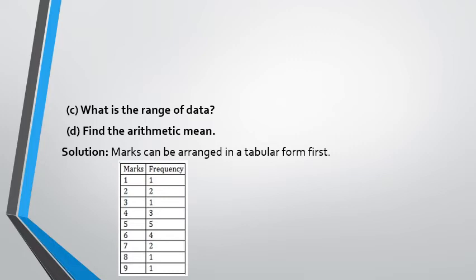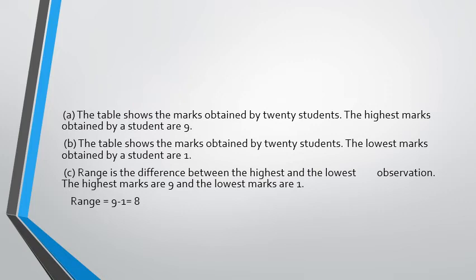All right, now let's answer the questions. The first question was, what is the highest? The table shows the marks obtained by the 20 students, and the highest marks obtained were 9. What were the lowest marks? The lowest marks obtained by a student is 1.